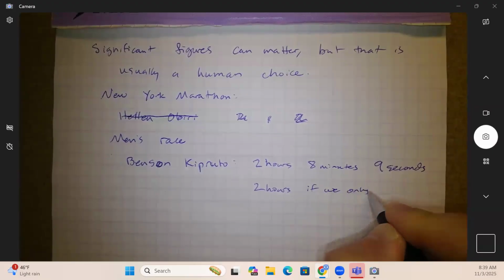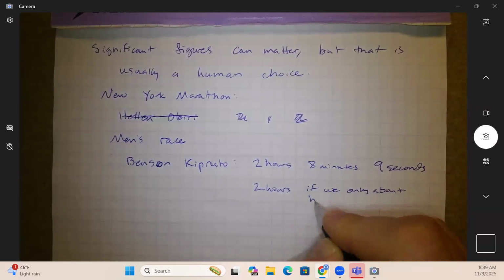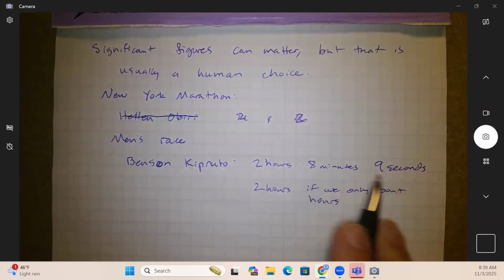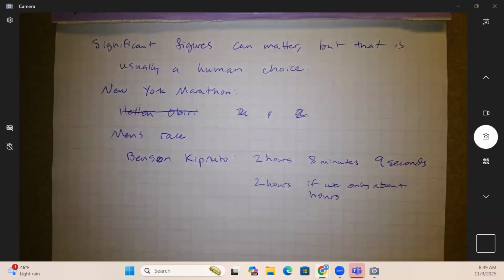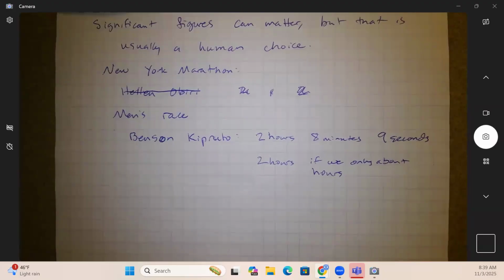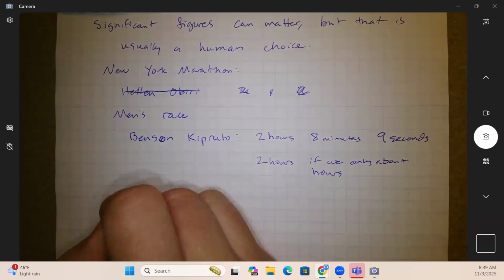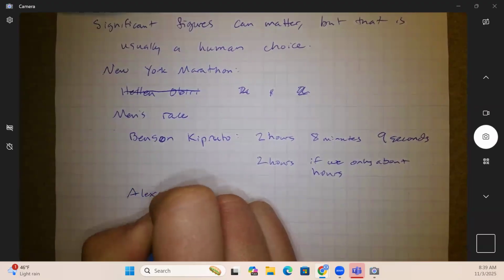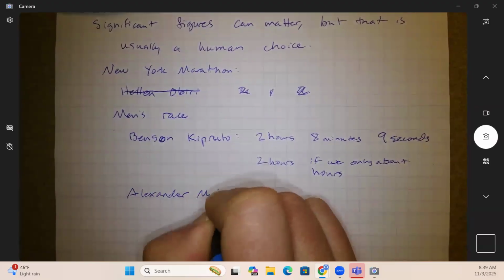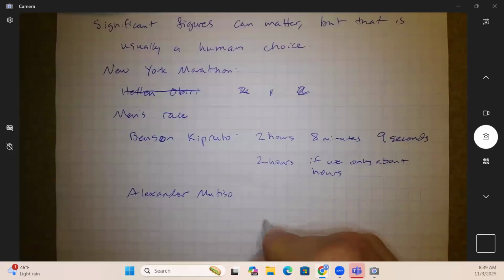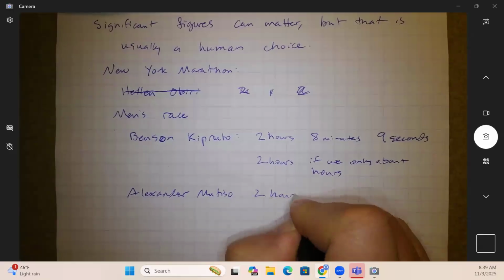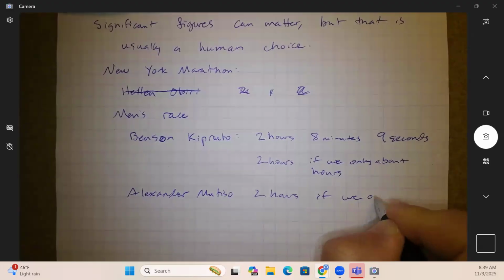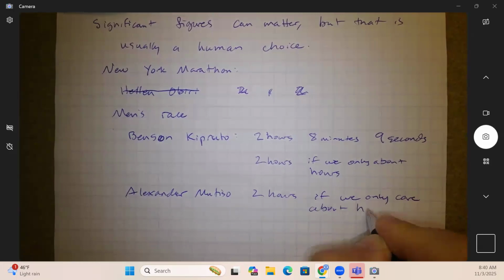If we only care about hours, if we count the minutes and seconds as insignificant, that's a super fast time. But the second place finisher, Alexander Mutiso, also had a time of 2 hours, if we only care about hours.